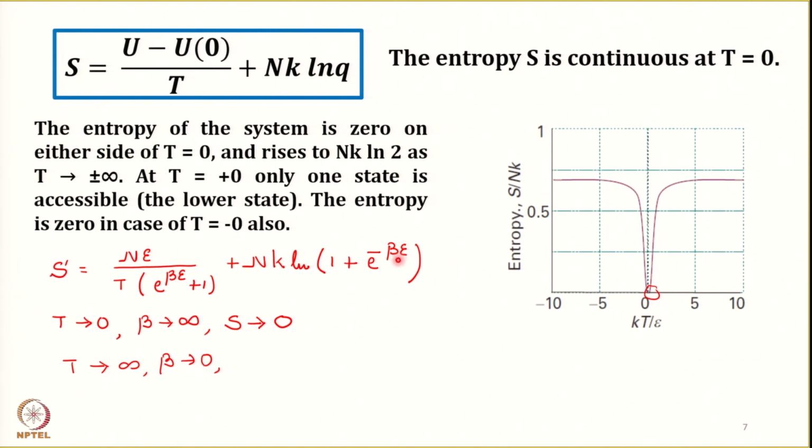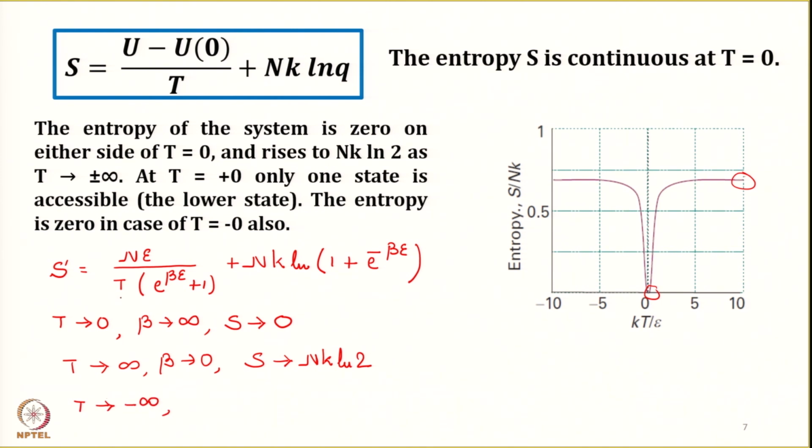And as beta approaches 0, exponential minus beta E becomes 1. That means in that case S will approach a value of Nk log 2. And log 2 is 0.693. And that is what you observe here. It approaches a value of 0.693. Similarly, you can talk about when T approaches minus infinity.